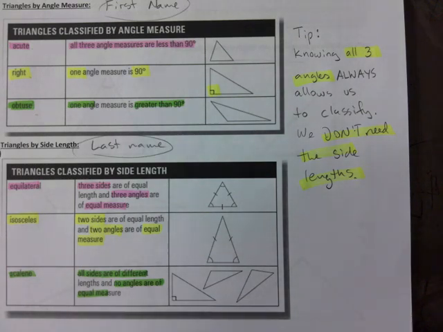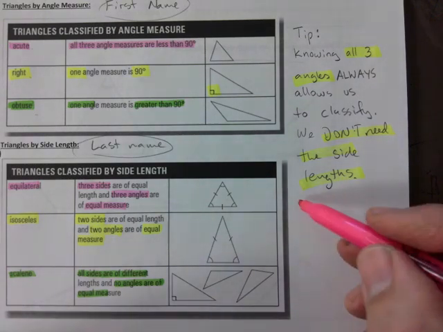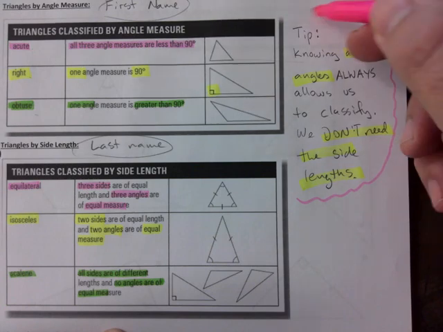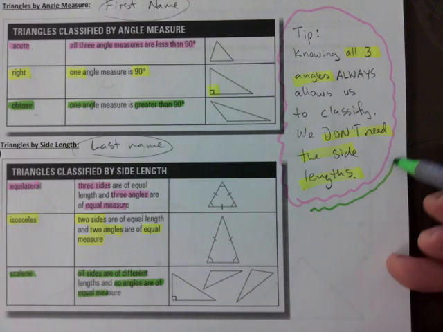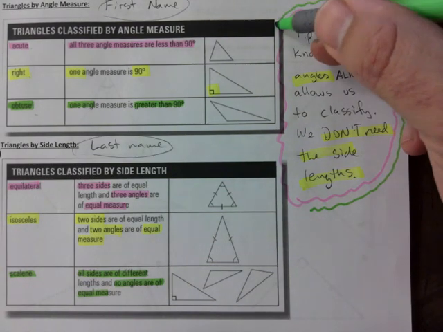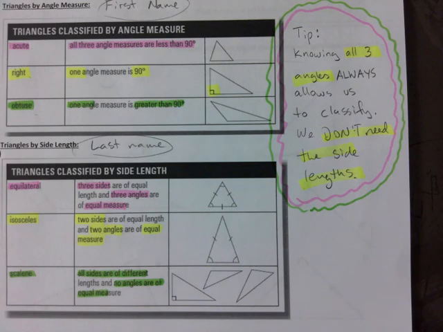I'm gonna go all out on this one. I think we need a bit more. There you go. That ought to do it. Okay, so all three angles always allows us to classify.